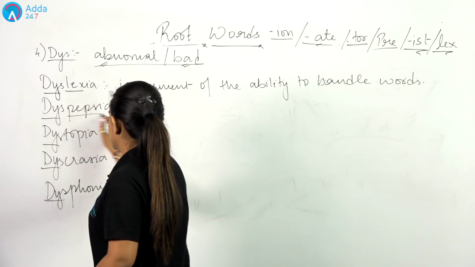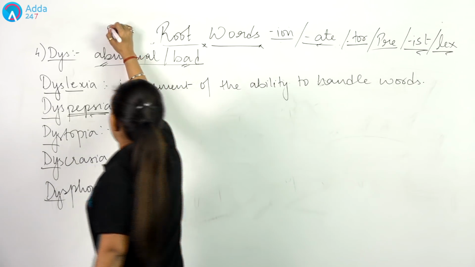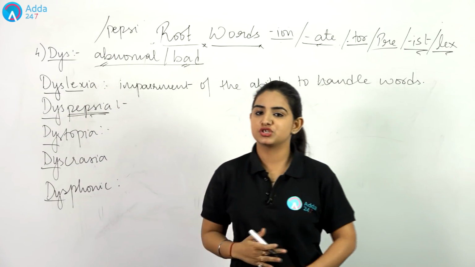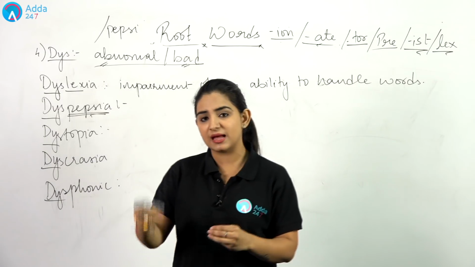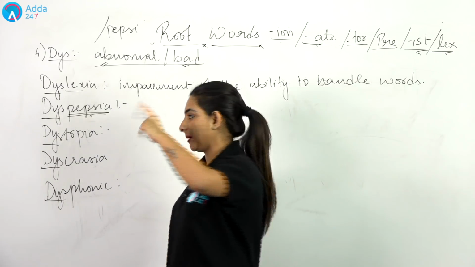Then we have dyspepsia. Pepsi. This is a root word, actually. Pepsi, the word, it means related to digestion. How you drink something or how you eat something, and does it get digested or it doesn't get digested. This is what we mean by Pepsi.